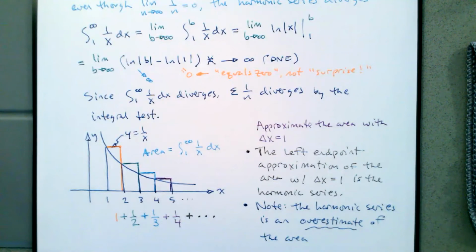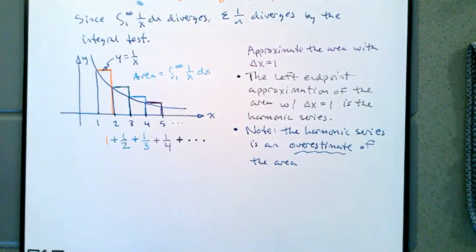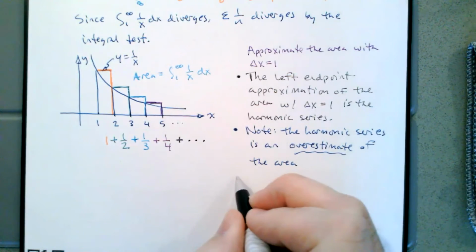Also notice that when we calculated the improper integral, it said this area was infinite. So furthermore, the improper integral showed that this area is infinite.